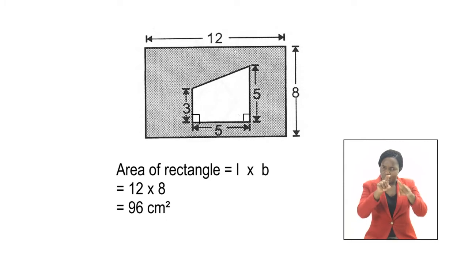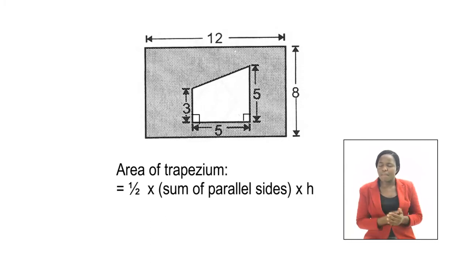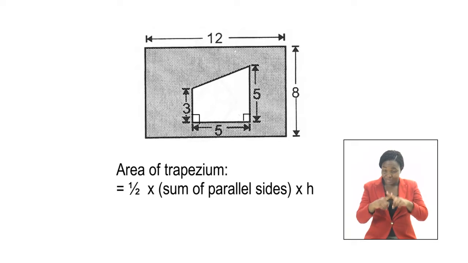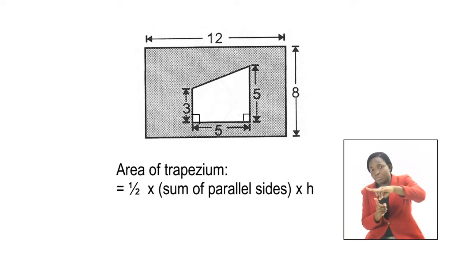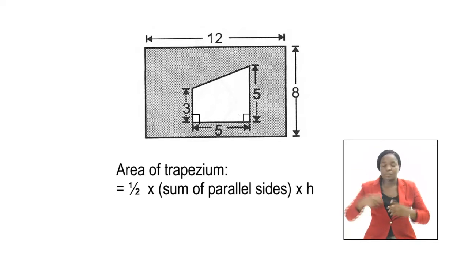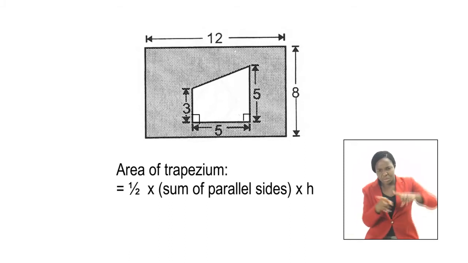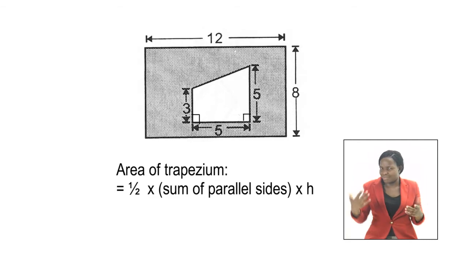Let me just make sure again of the formula. It's here on the screen. The formula for the area of a trapezium is half times sum of parallel sides times height. Gotcha. But how do we know which sides are parallel and which is the height?